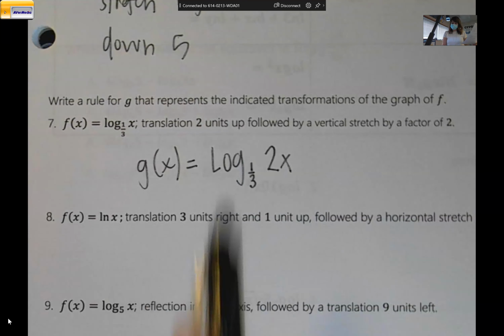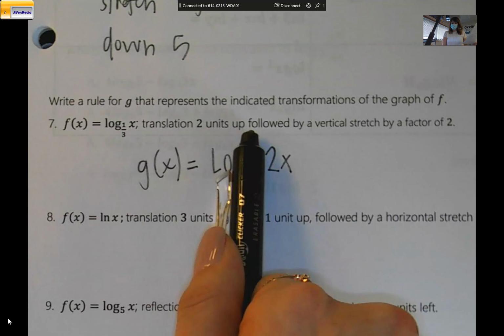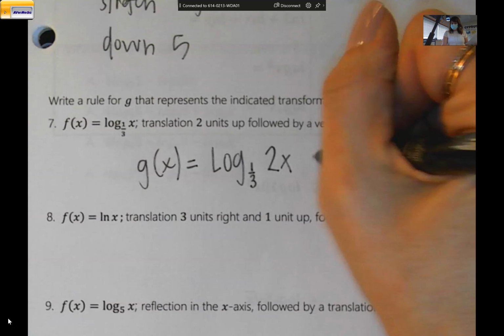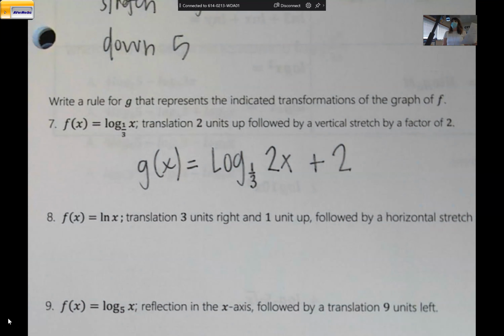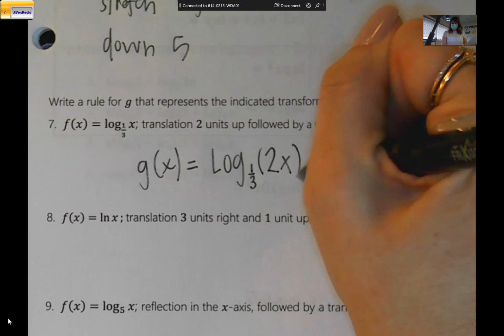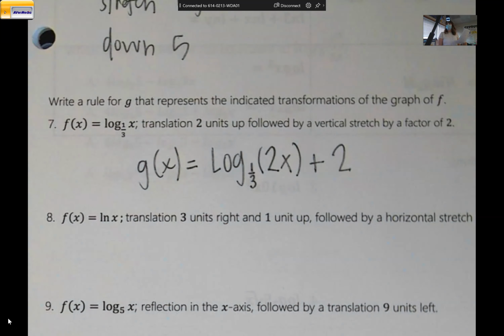Then it says translate 2 units up. So I'm going to add 2 on the end. To make this look even better, you could put parentheses around the 2x. You don't have to, but you could.